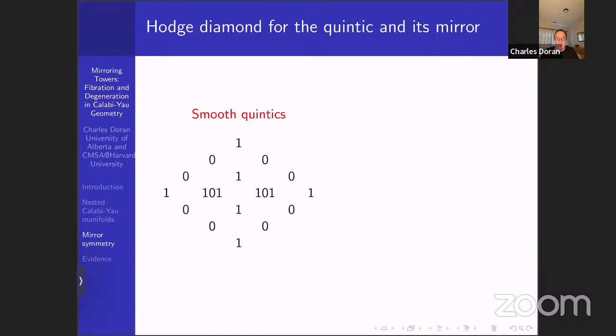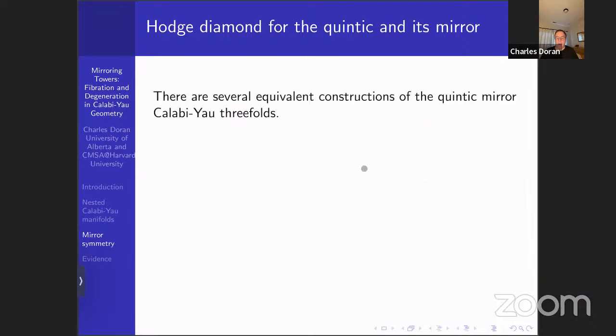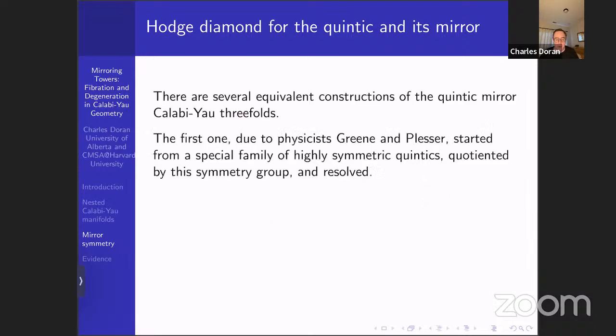So if we take smooth quintics, we know that we have a middle dimensional cohomology with 101 complex structure deformation dimensions. Its mirror, the mirror quintic family, should have the property that you have 101 in H11.